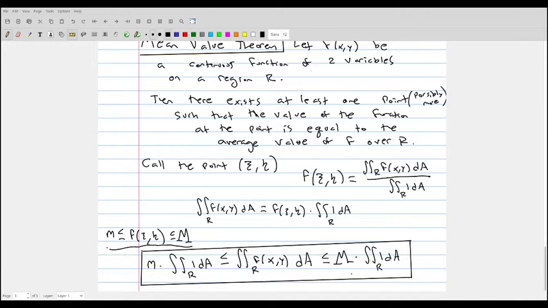So we'll consider the following example and show that we can directly apply this theorem.